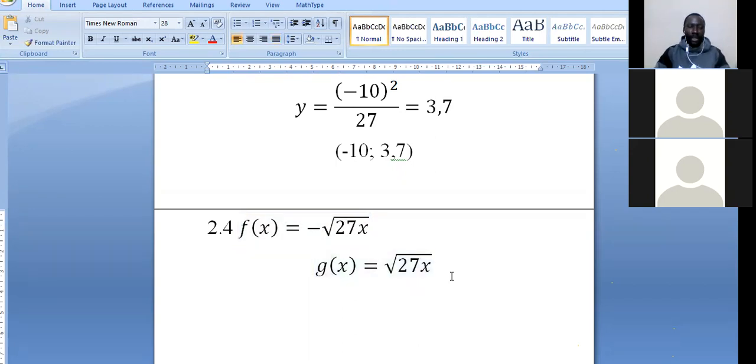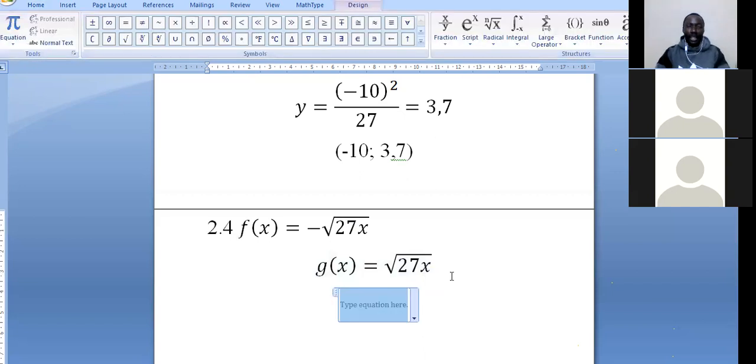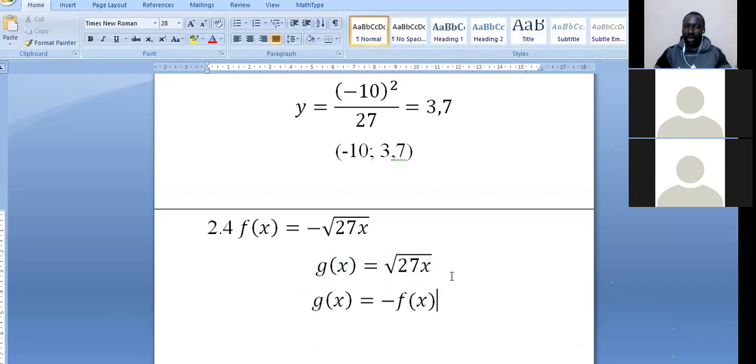So someone could say, well, the transformation is this: g of x equals the minus of f of x. Someone could say that. But is that adequate? Is that the best description we want to have? No, that's not the best description, but it gives us an idea of what happened.